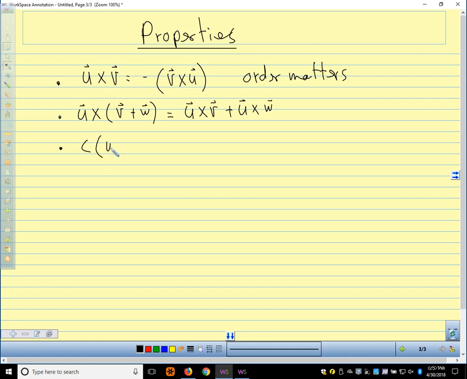A scalar multiple times a cross product is the same as the scalar multiple of one of the vectors crossed with the other, and that's the same as U cross C times V. C is a scalar.